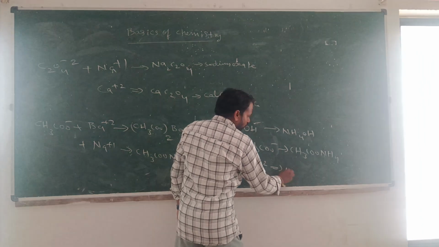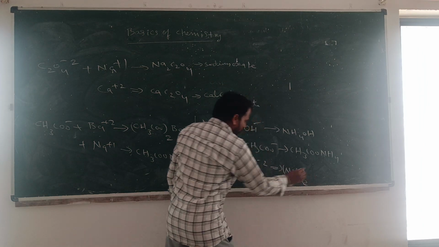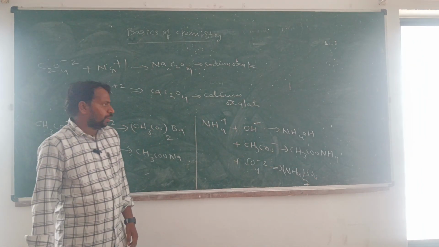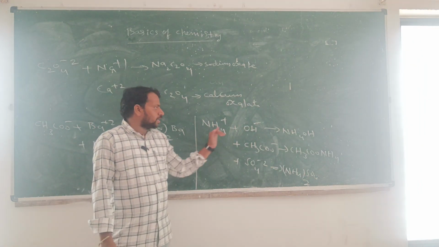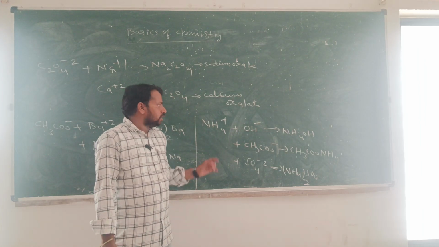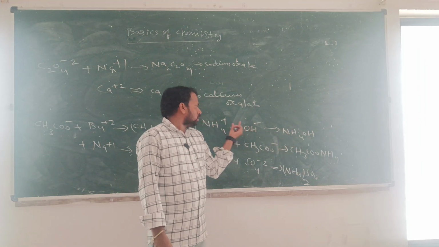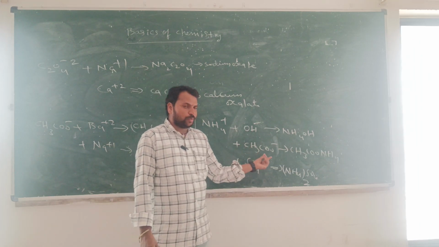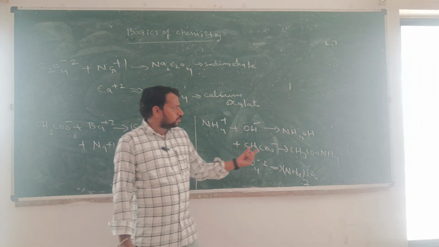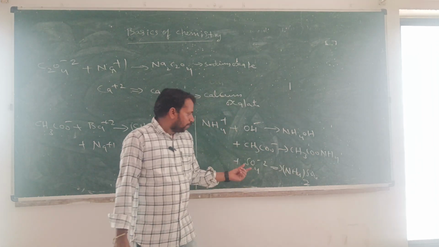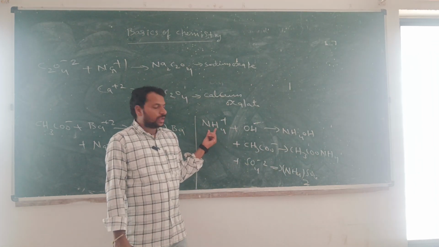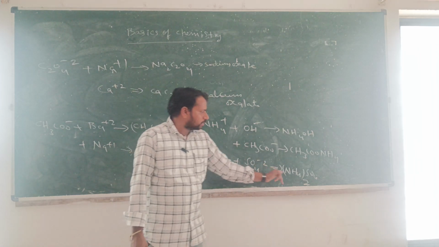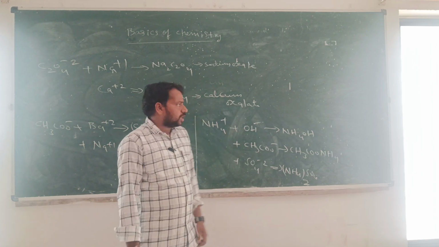With SO4 minus 2, NH4 is taken twice, giving (NH4)2SO4, ammonium sulfate. NH4+ and OH minus are both monovalent, so we cannot crisscross, just NH4OH. NH4+ and CH3COO minus are both monovalent, so we write CH3COONH4. But NH4+ is monovalent and SO4 minus 2 is bivalent, so the 2 comes to this side: NH4 taken twice, as per the crisscross formulation.